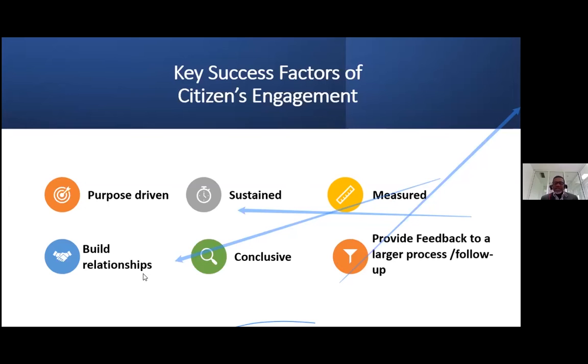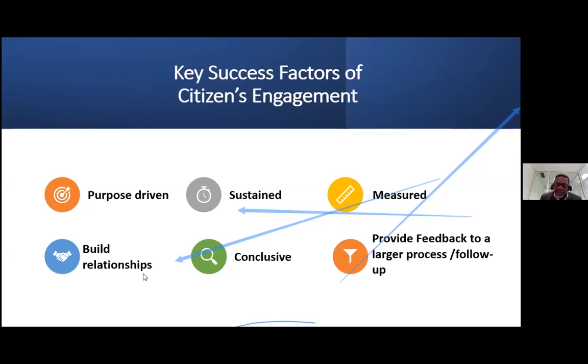The fifth thing is that every engagement should be conclusive, right? We have all seen several situations whereby we engage, but it is left open-ended, and you end up wondering, what exactly was this all about? What did we achieve? What did we do? What was the product? What's the outcome of our engagement?